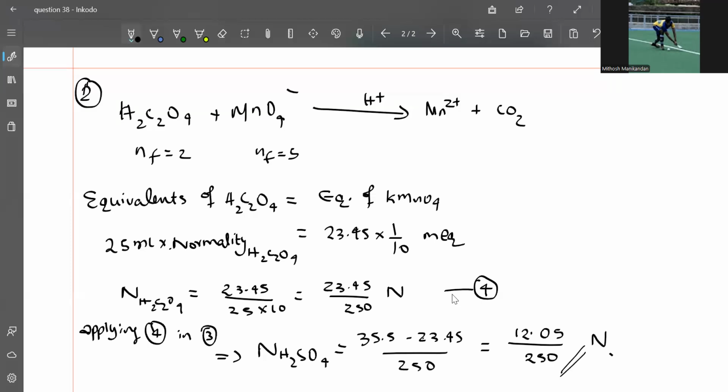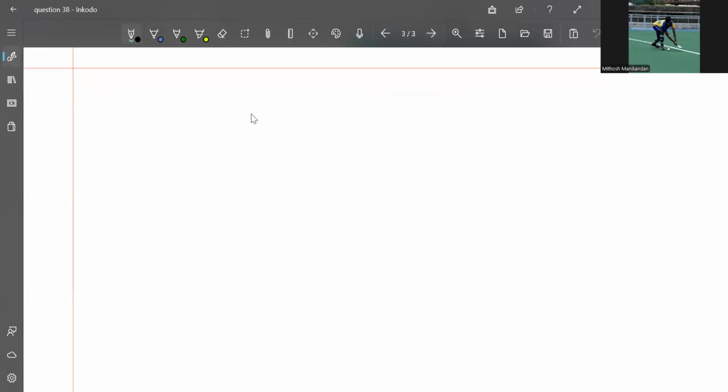Now we have to find the strength. So how do you find the strength? Normality is given. So the weight of H2C2O4 in 25 milliliter, how much is it? We need the molecular weight of H2C2O4.